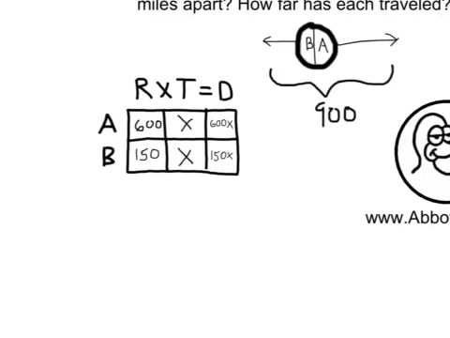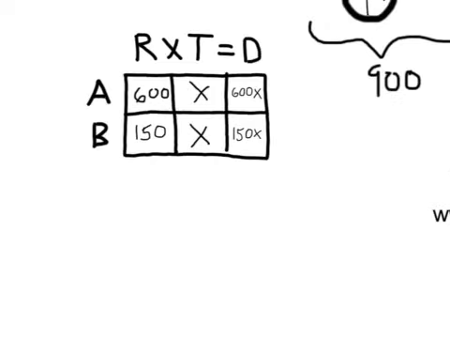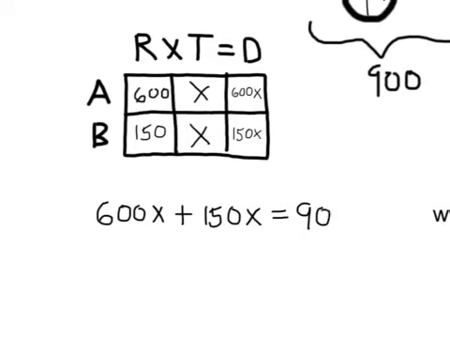So in other words, we know that 600x plus 150x equals 900. So let's go ahead and write that. 600x plus 150x equals 900.